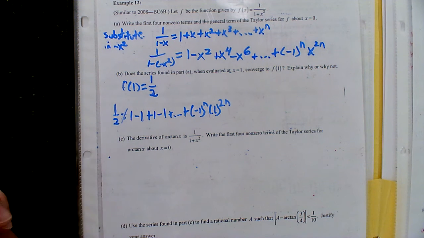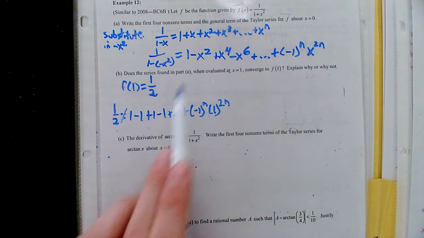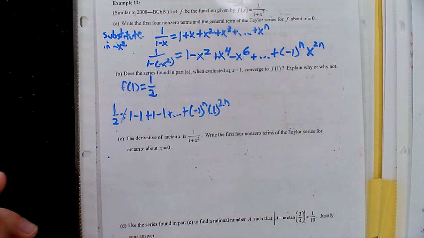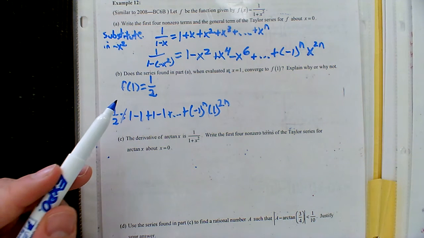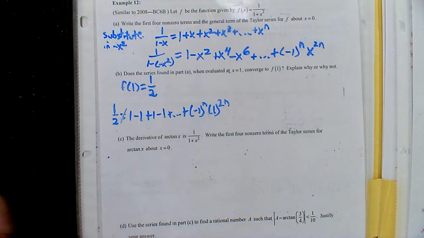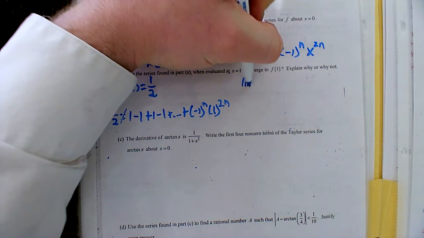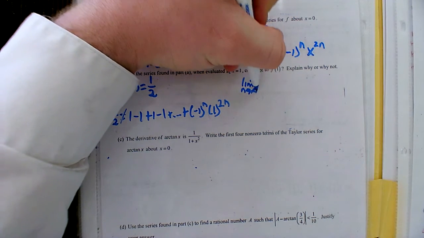But we can actually test this. So like Eric had mentioned earlier, we already have our series from up above, so we can do the ratio test. We can find our interval of convergence. Then we'll know whether that number, f of 1, is within the interval of convergence. So we need the limit as n goes to infinity.